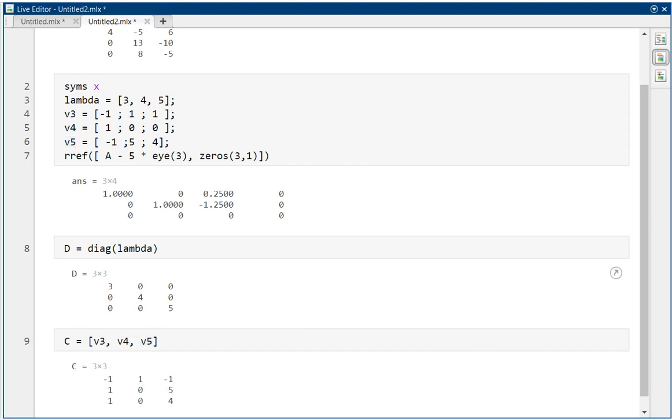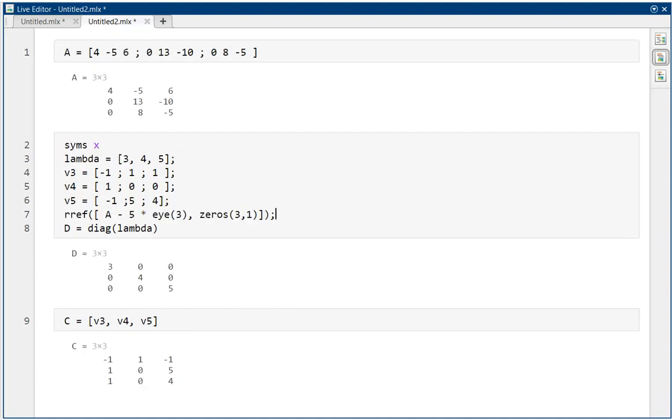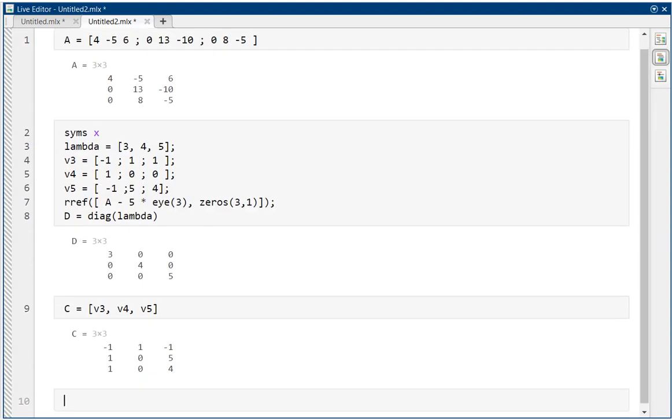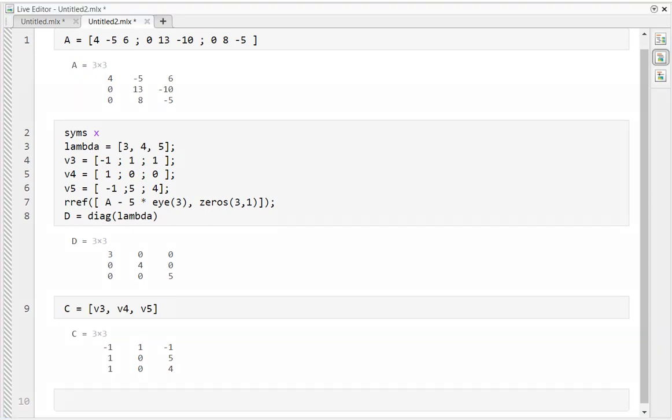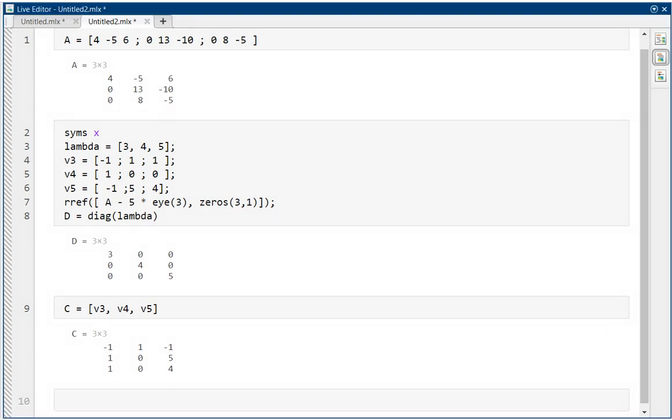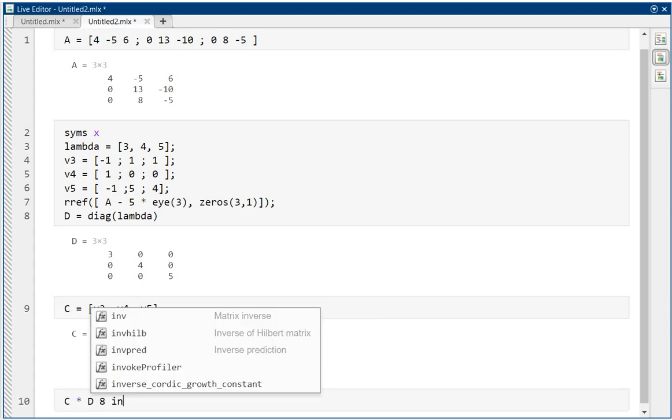Now, if everything's working properly, I should be able to multiply these guys out and see it all work. Remember, what I'm trying to get is something that matches A. Let's do the multiplication: C times D times the inverse of C.